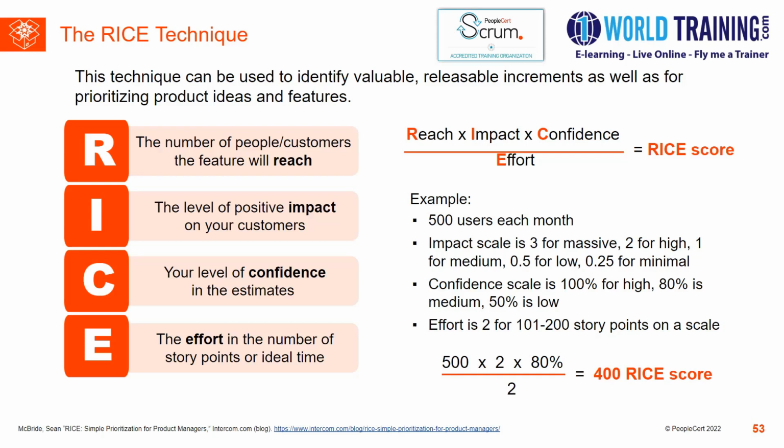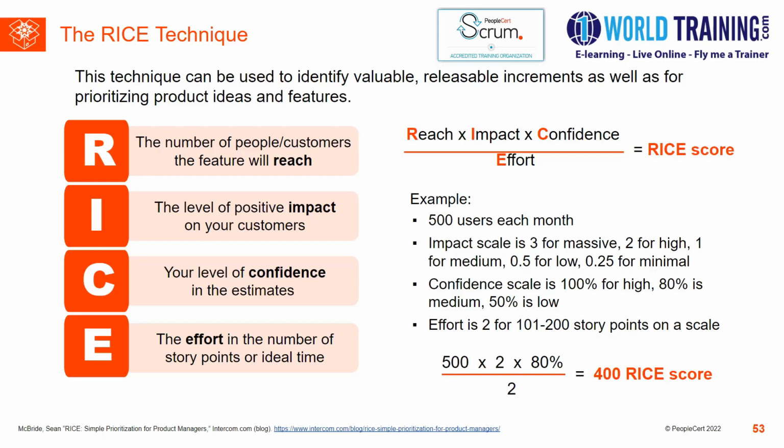So the RICE score helps us get the overall level of confidence when calculating the overall efforts. Definitely there would be a question asked in the exam for calculating the RICE score.